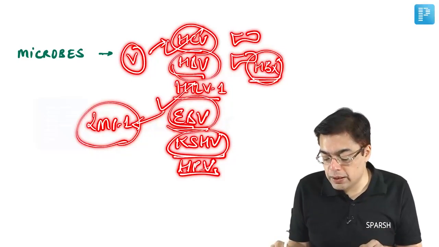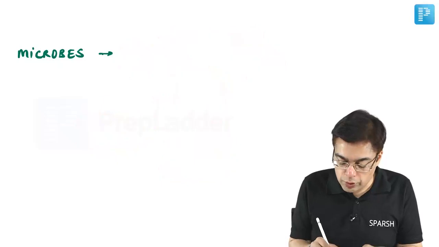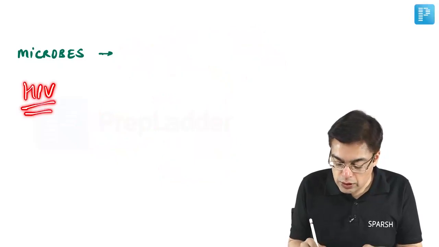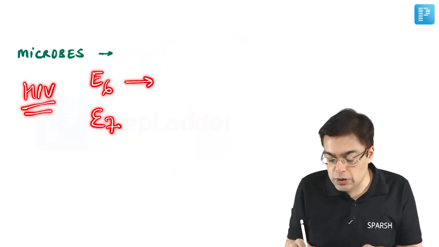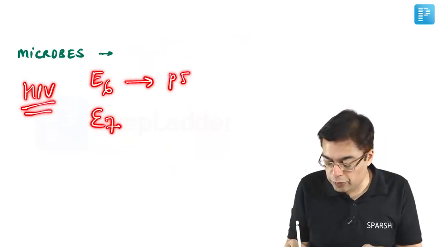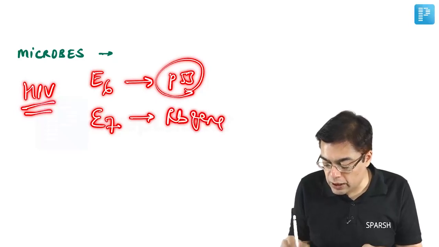In case of the other viruses, say for example the human papilloma virus, we are going to be having the role that is going to be played by, that has been a recent exam question, E6 and E7. The E6 is responsible for interfering with the activity of P53, whereas the E7 is responsible for interfering with the activity of the RB gene.